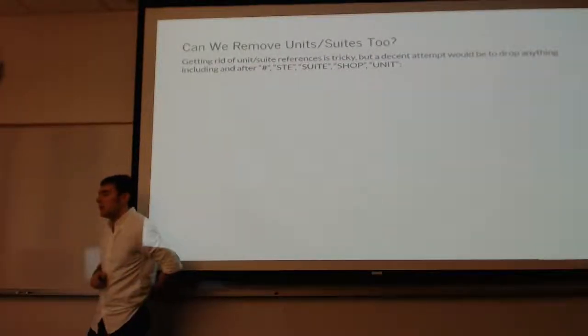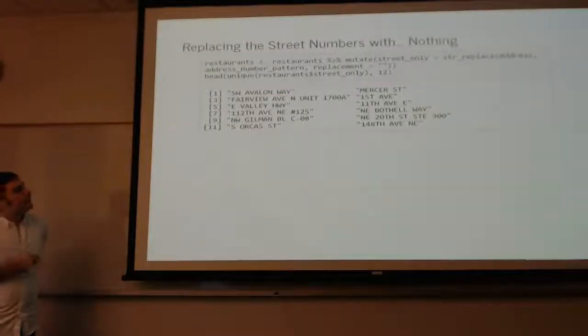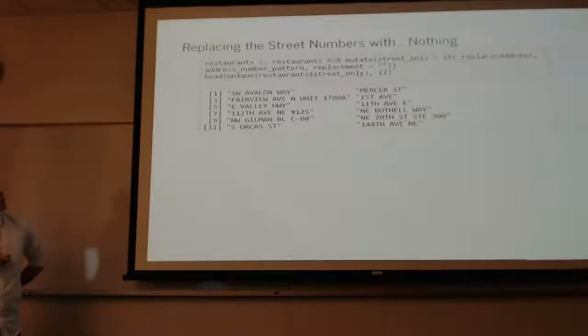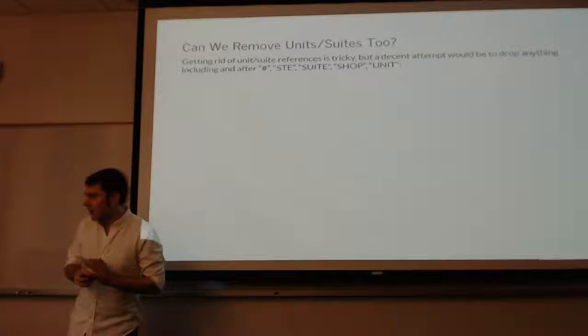Now, here's something even trickier. We looked in these data over here, and some of these have things like unit 1700A, number 125, building C08. Well, we want the street. We don't also want these unit numbers or something added to the end. So let's see if we can get rid of the units and the suites too.